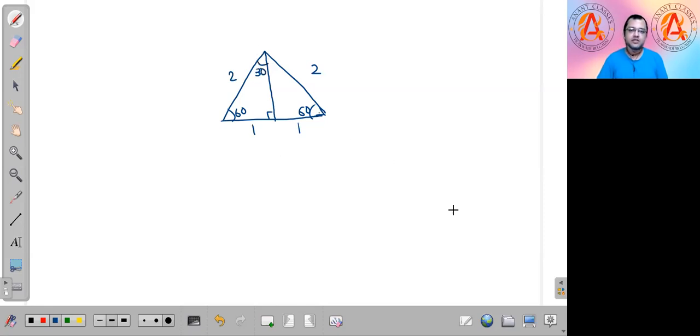Now this one is 30 degree. Achha. Now using Pythagoras theorem, can you tell me what will be this side, this perpendicular?